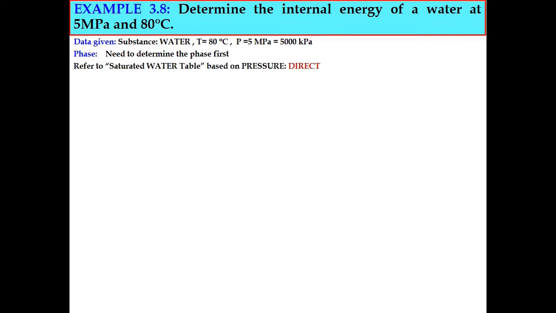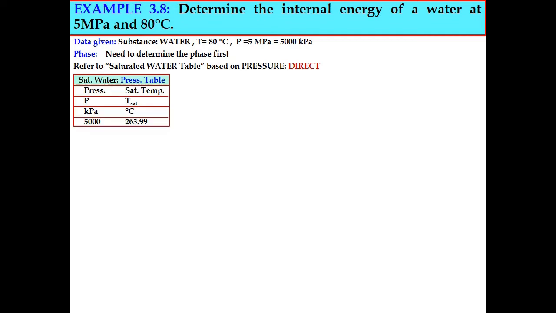When we want to determine the phase, we need to refer to the saturated table. For this case, we need to refer to the saturated water table based on pressure, so we can obtain the data directly. This is the saturated water table based on pressure, where for the pressure of 5 megapascal or 5000 kilopascal, the saturated temperature will be 263.99 degrees Celsius.